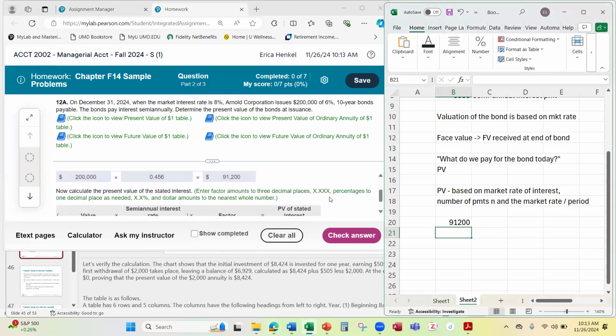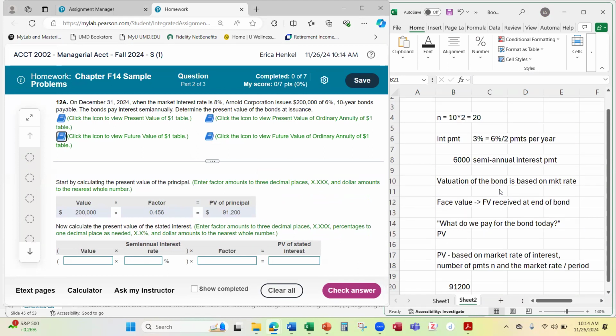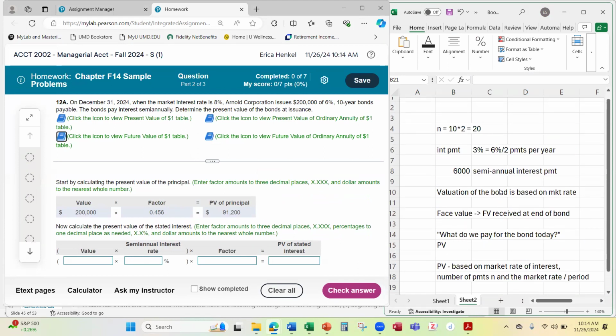We have an example here where we are going to calculate the interest payments on a series of bonds, the interest payments we would receive over time. So when we were up above, I said our interest is always calculated based on the stated rate associated with the bonds.